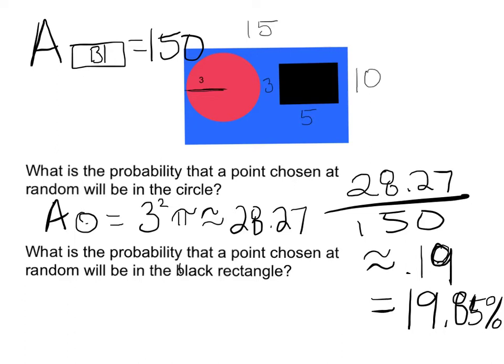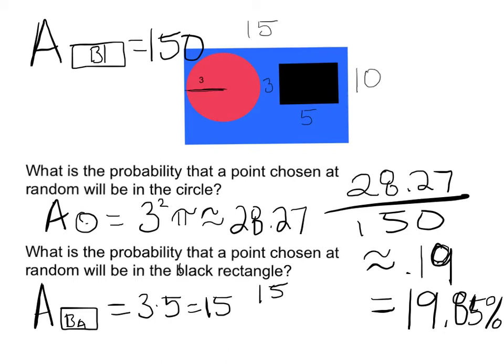Now, let's look at the other one. What is the probability that a point chosen at random will be in the black rectangle? Well, of course, we have to find the area of the small black rectangle. Let's call that BA. And that is 3 times 5, which is 15. And so we're going to take 15 and divide by 150.